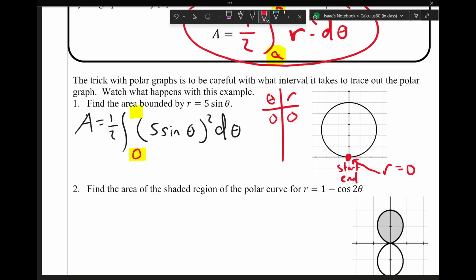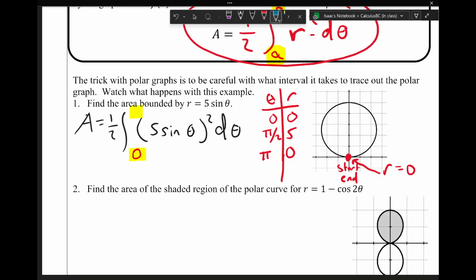And not just any time, the next time. r might be 0 when theta is 27 pi, I don't know, but I need the next time that r is 0. So you could just kind of inch your way there. You could say pi over 2 gives me 5. Pi gives me 5 times 0, which is 0. But was there a time before that? Well, the only way to know for sure is to test more stuff. If I assume that this is pi, I might be right and I might be wrong.